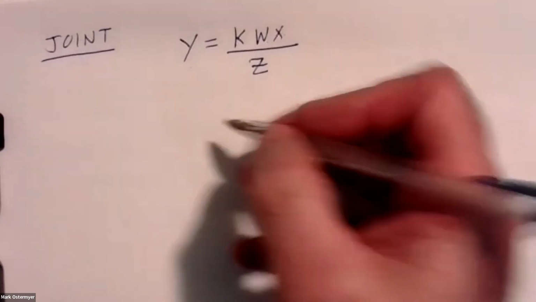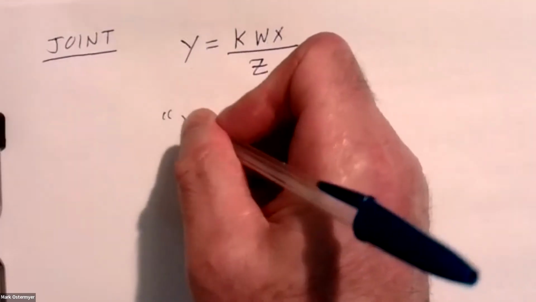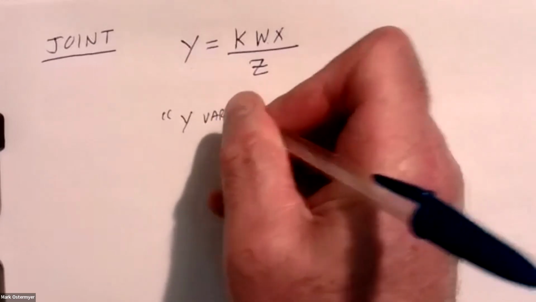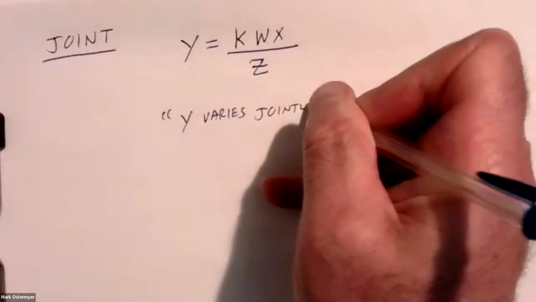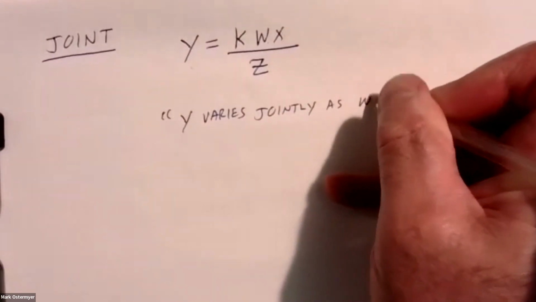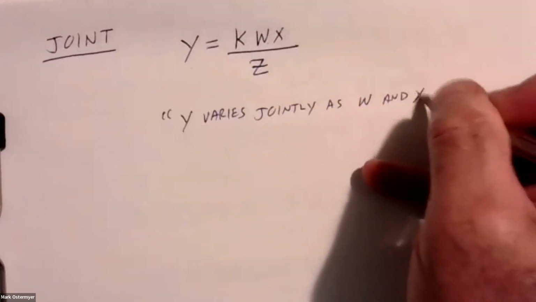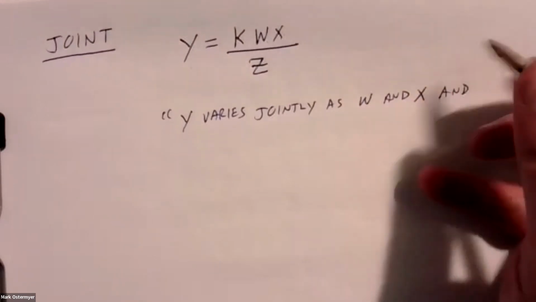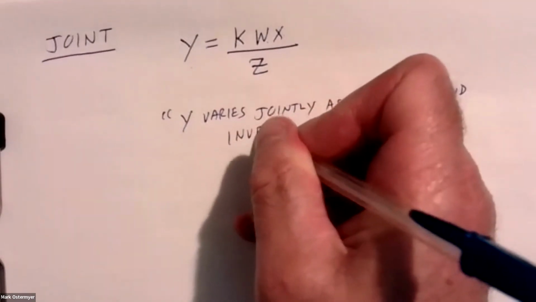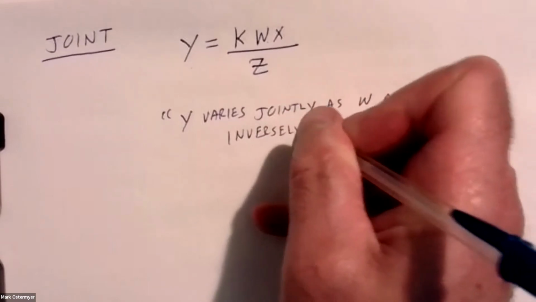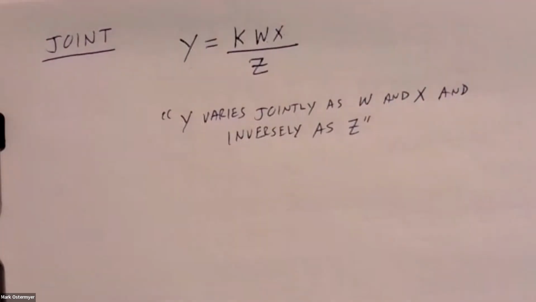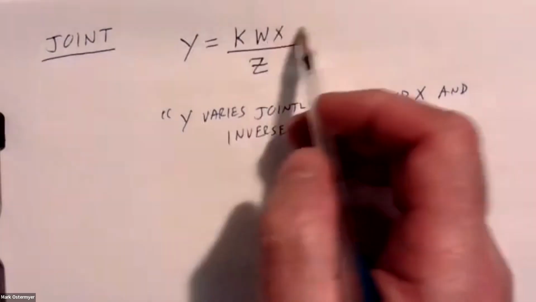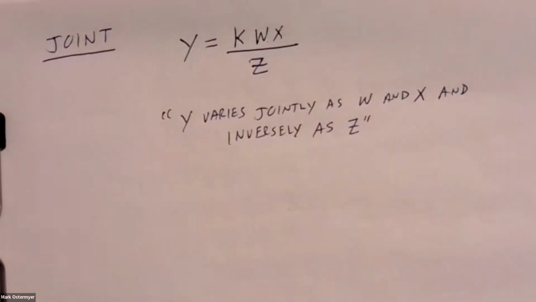And we could read it this way: Y varies jointly as W and X, and inversely as Z. So that's how you would read that equation. Y varies jointly as the variables W and X, and inversely as the variable Z.